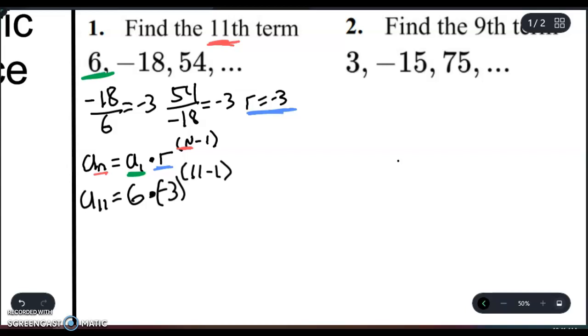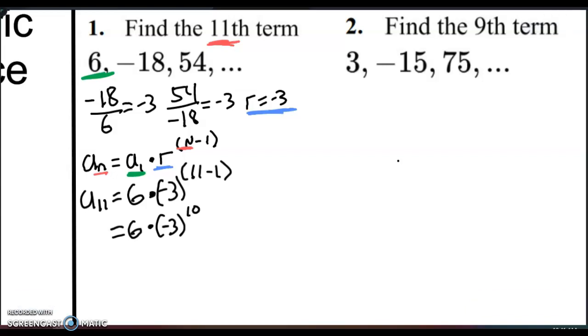Once we do this, all we have to do is solve it, and you use your calculator. You've got 6 times negative 3, and 11 minus 1 is 10.